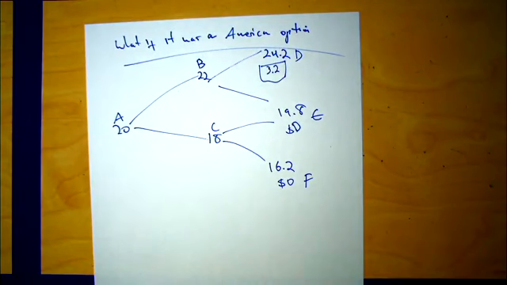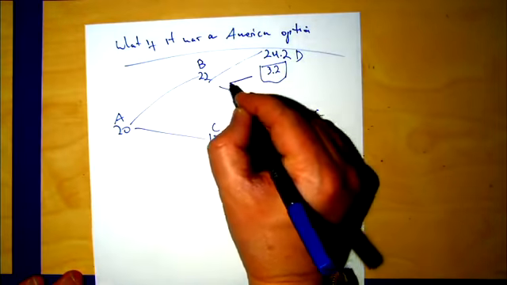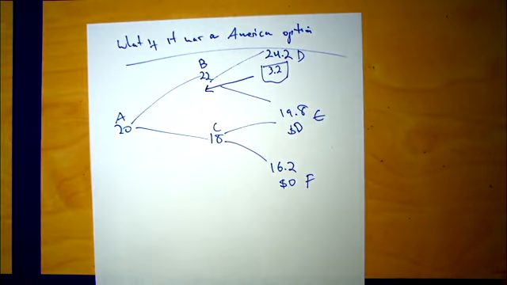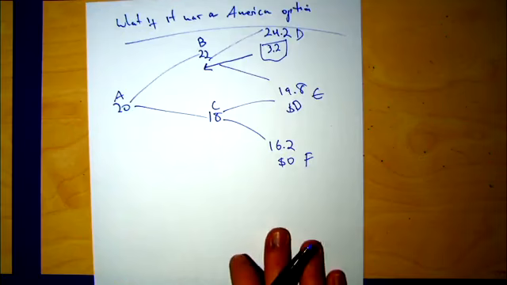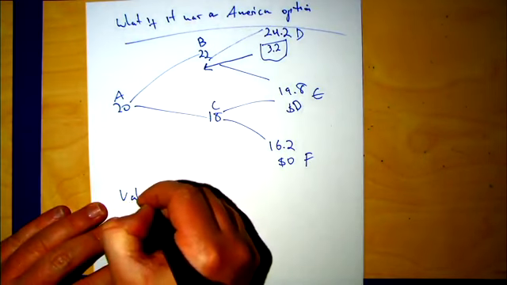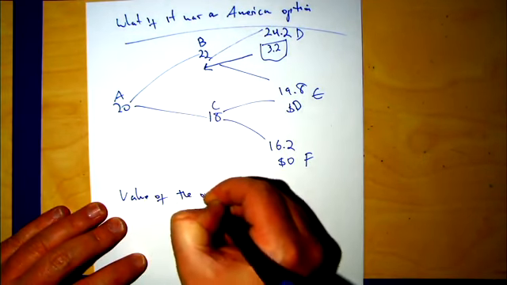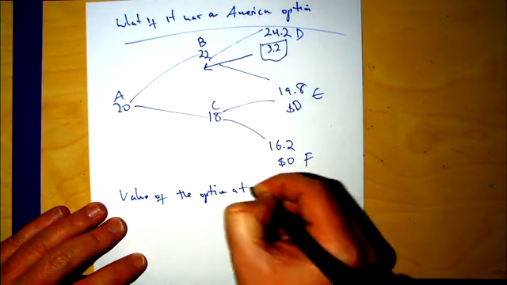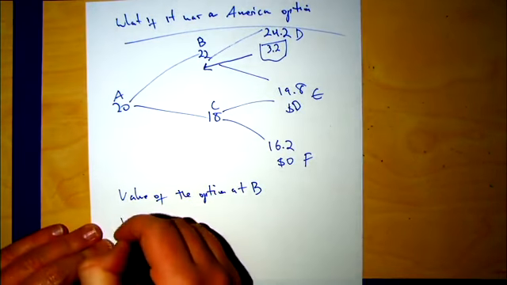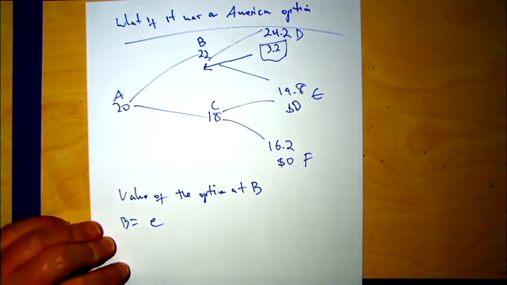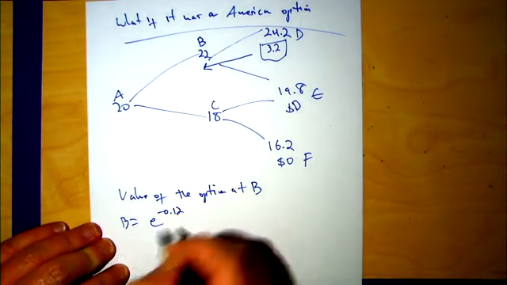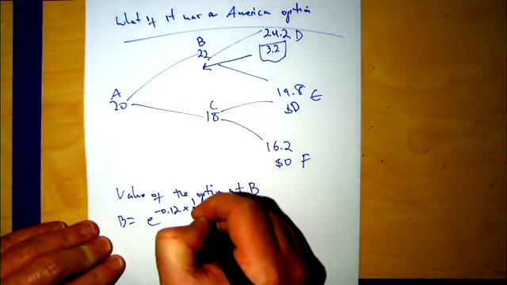So we're going to bring this $3.20 back to node B and then compare it with early exercise. So the value of the option at node B is equal to the present value, e to the power of negative 12% times a quarter.